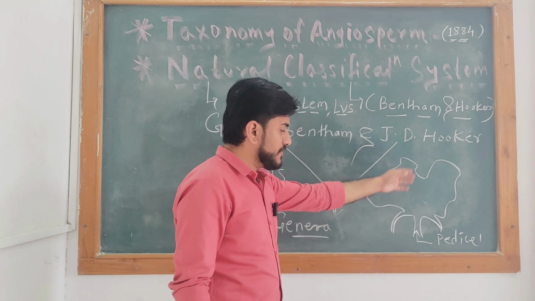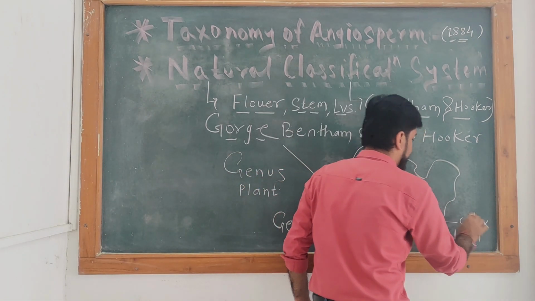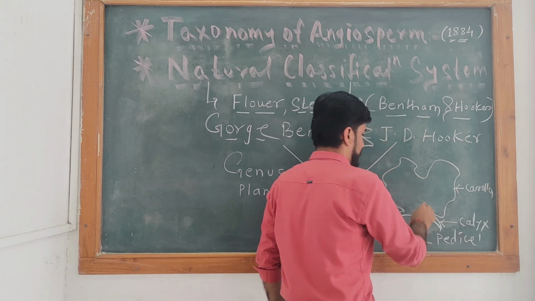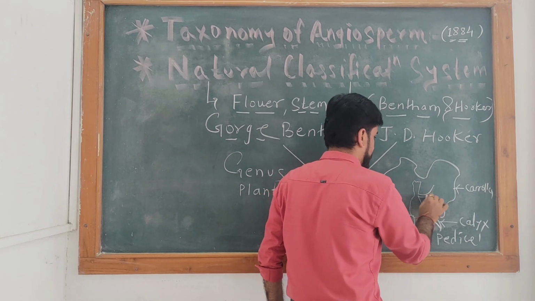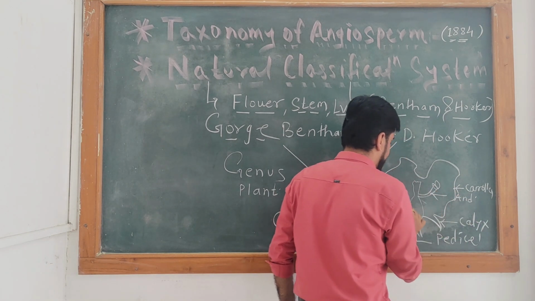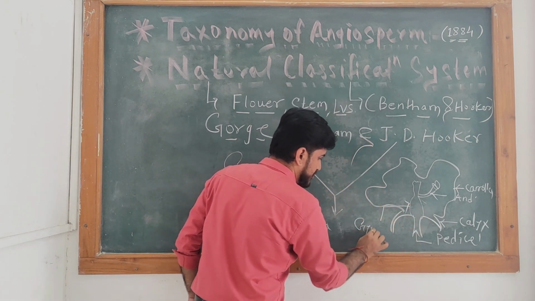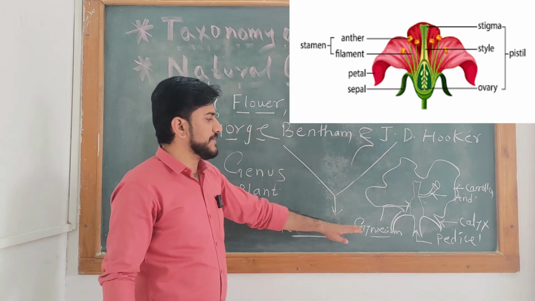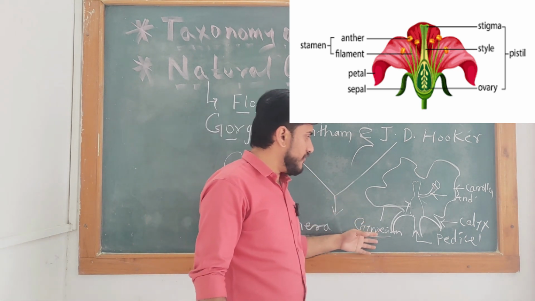In the upper portion of the pedicel or thalamus is the presence of the calyx, then the corolla, this is the androecium, and this is the ovary, means gynoecium. So this is the typical structure of the flower, and the study of the flower.